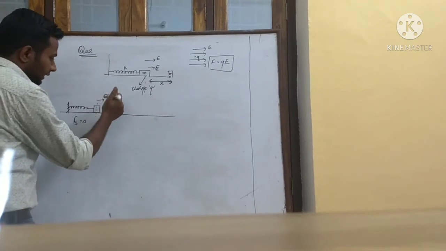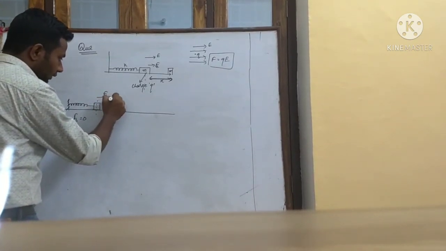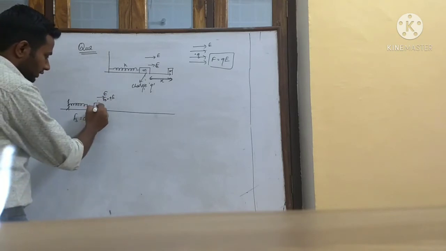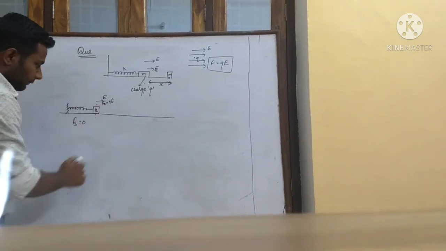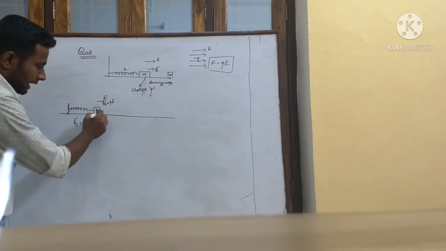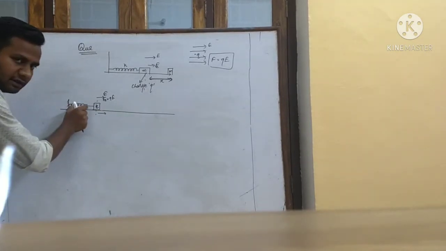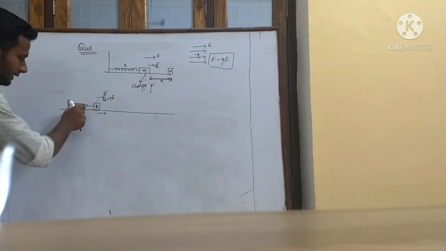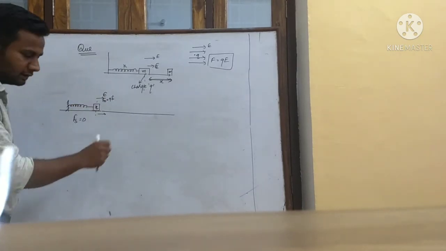Now, because of the electric field, the block is getting force Fe, that is QE, having charge Q. So this block will start moving in this direction. As soon as this block moves, there will be extension in the spring. This extension I'll take as x.